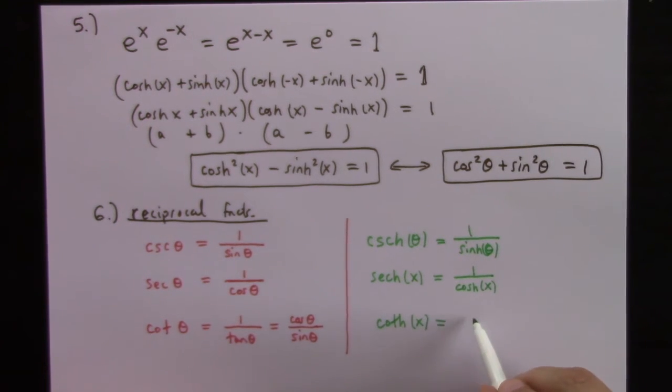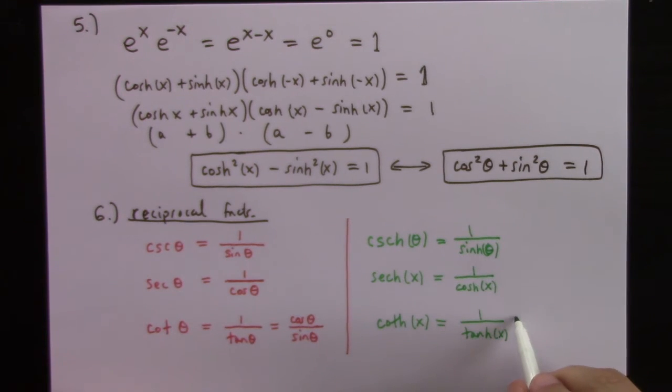Coth of x is 1 over the hyperbolic tangent. I guess I haven't defined hyperbolic tangent for you, have I? Anyway, coth x is cosh x over sinh x. For what it's worth, tanh of x is sinh over cosh.